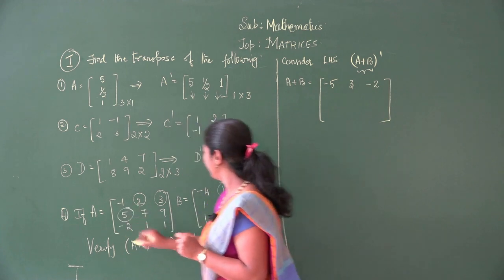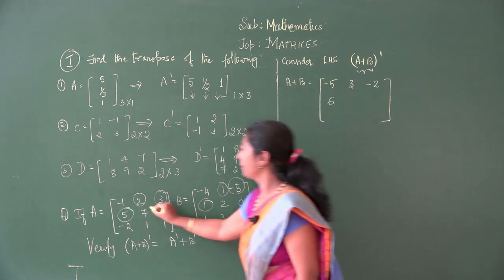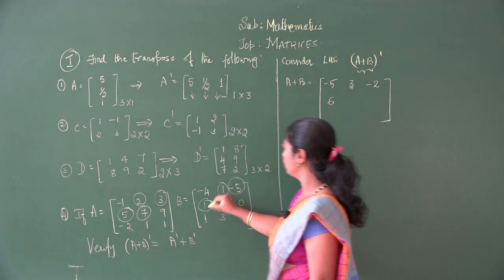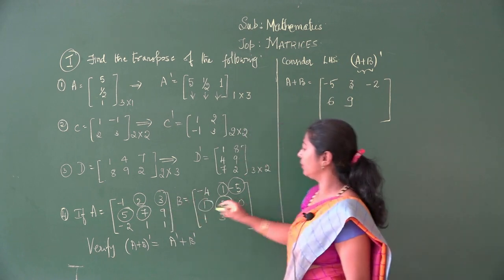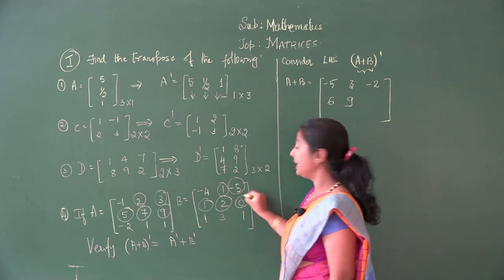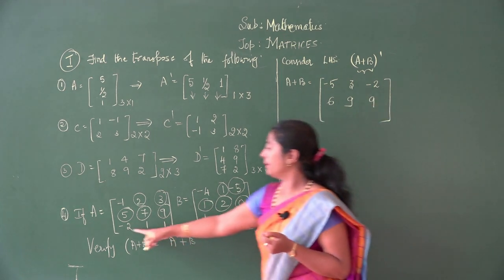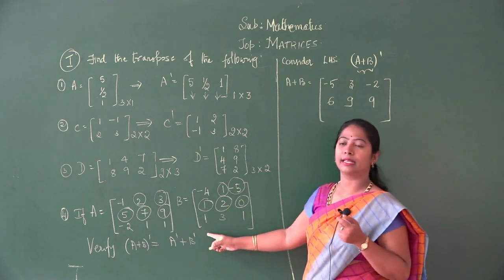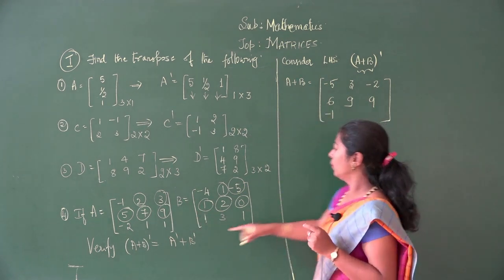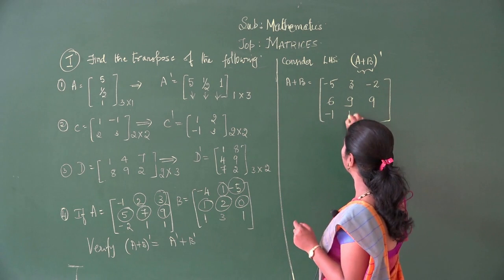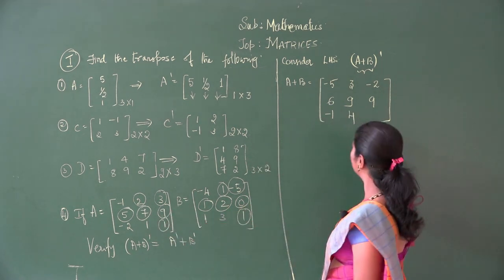Next, 5 plus 1 will be 6. 7 plus 2 is equal to 9, and 9 plus 0 is equal to 9 itself. Minus 2 plus 1 will be minus 1. 1 plus 3 is 4, and 1 plus 1 will be 2.